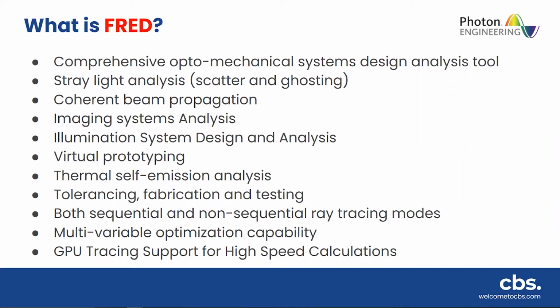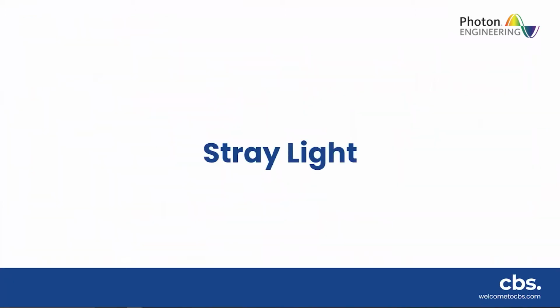But we can also use Fred to solve different problems, propagate coherent beams, analyze imaging systems, illumination, thermal, infrared optics. We can do some tolerancing, we can optimize. So Fred is capable for a lot of different things, but today we're going to focus on Straylight.